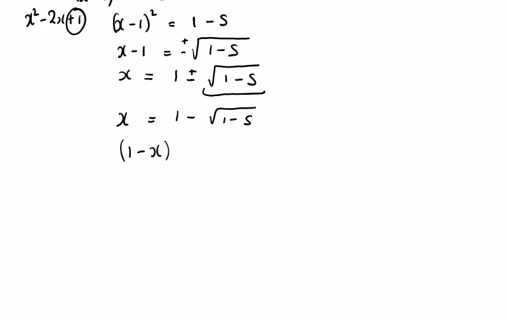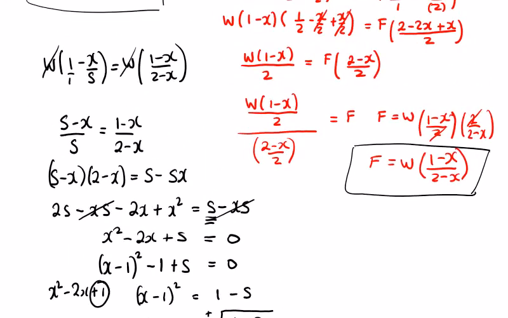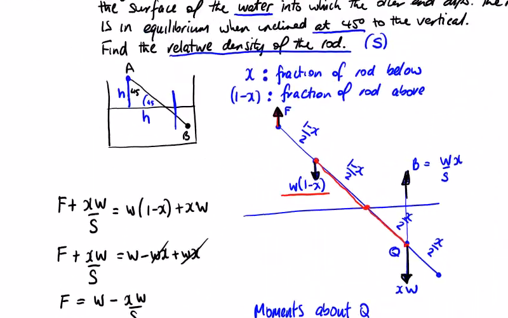So what is 1 minus x? 1 minus x is equal to, well, just bring that across, the square root of 1 minus s. So the overall length above is the fraction of the length above, 1 minus x. Well, in this case, we'll use the square root of 1 minus s because we're trying to solve for s, multiplied by the total length, which is 2h.